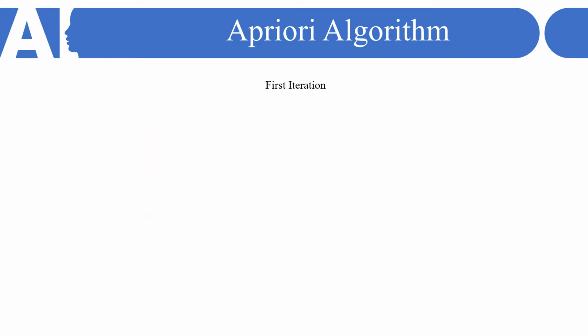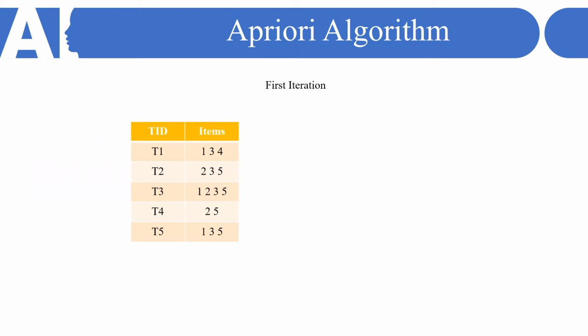Now here we are going to solve one numerical on the Apriori algorithm. Let us consider that transaction IDs are given here, and there are 5 transactions from T1 to T5. These are the respective items that are brought together.